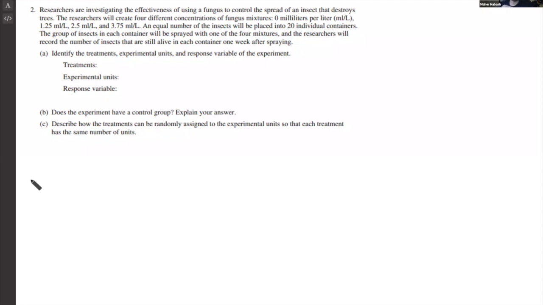And describe how the treatments can be randomly assigned to the experimental units so that each treatment has the same number of units. Okay. Anytime they want random assigning, you could get creative with it, but the easiest thing is a random number generator.